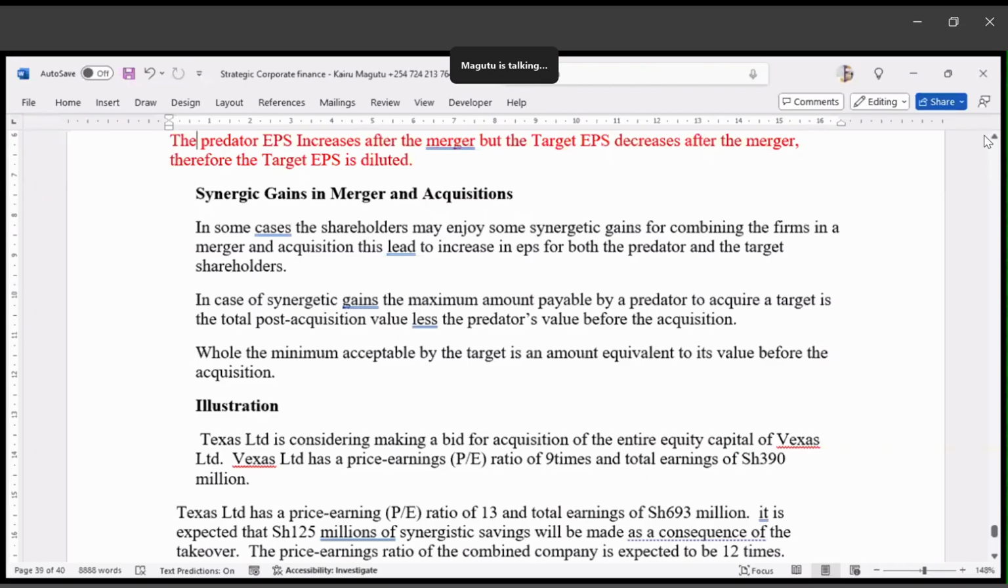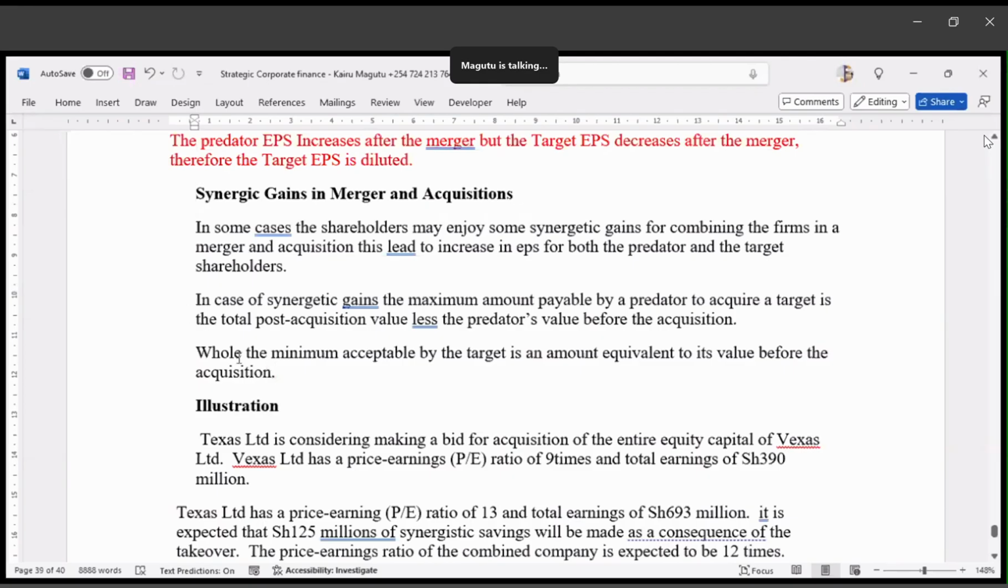But I want to give it a different perspective, because we need to be very dynamic in this life, whether it is for exam or for our life. I want to explain how you determine the value of the target in case there is synergetic gain.